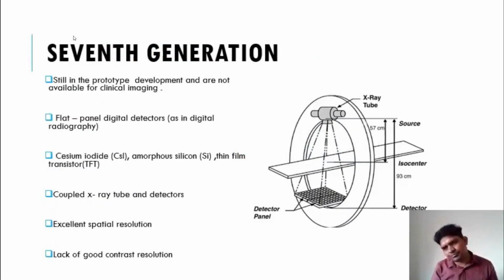Later, the seventh generation, which is still in development at present, uses a flat panel detector, a digital detector. In all the previous generations you saw scintillator detectors, cadmium and so on. But in the seventh generation a flat panel detector is used, with cesium iodide, amorphous silicon, and thin film transistors, which is used at present in the digital radiography DR system.